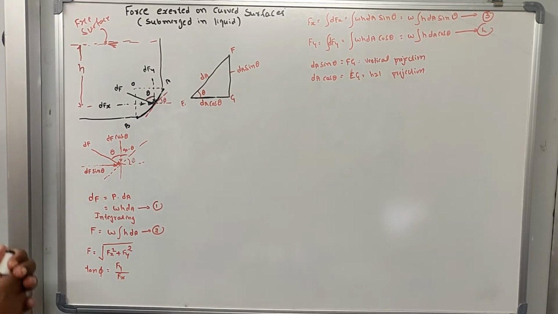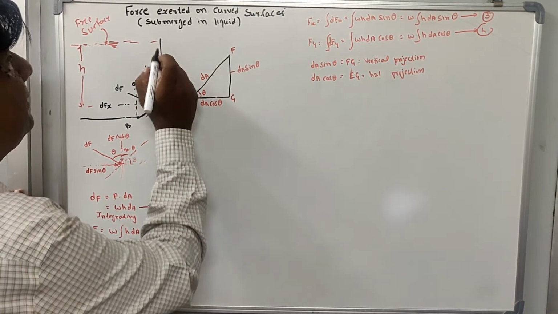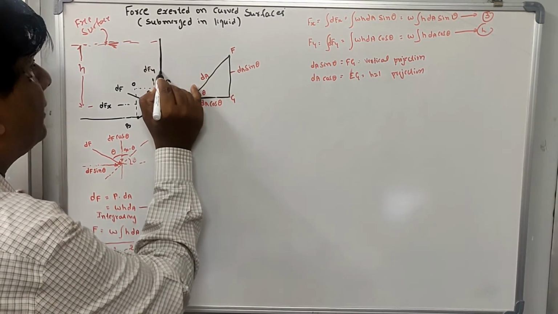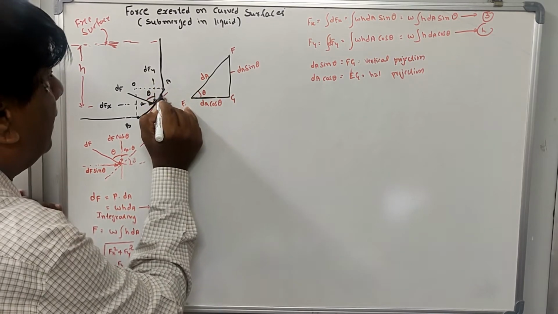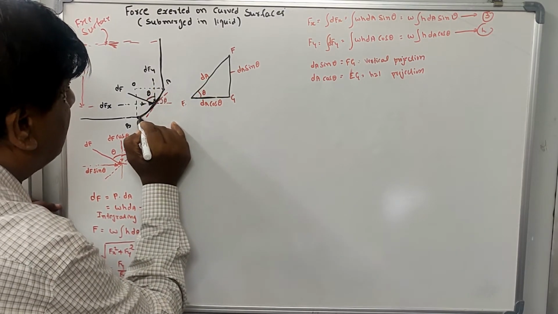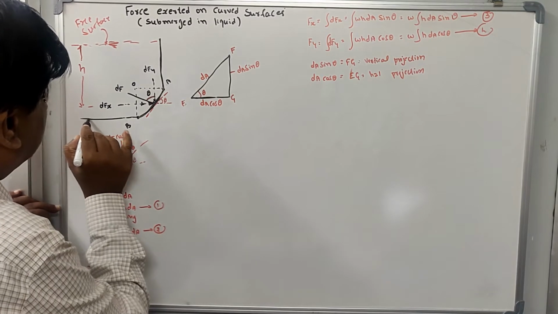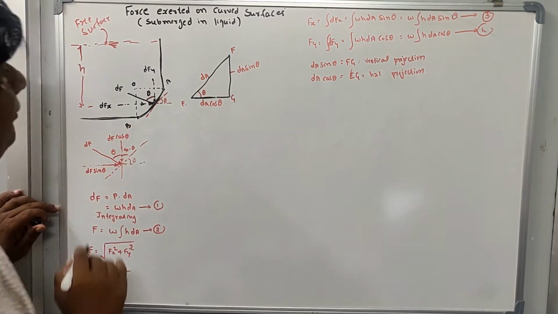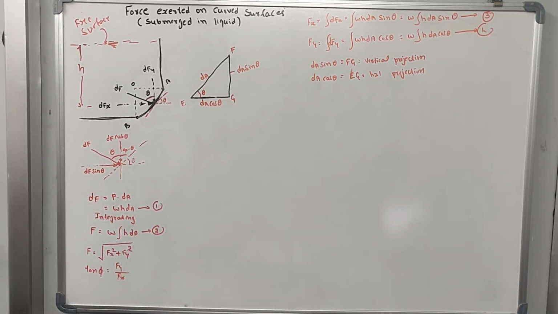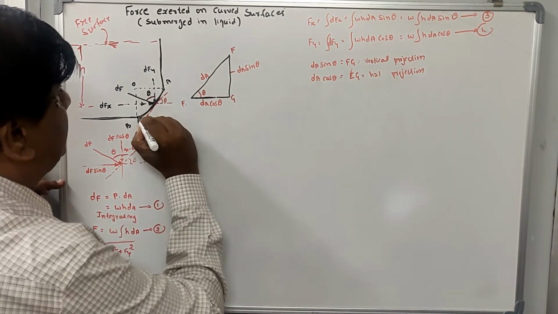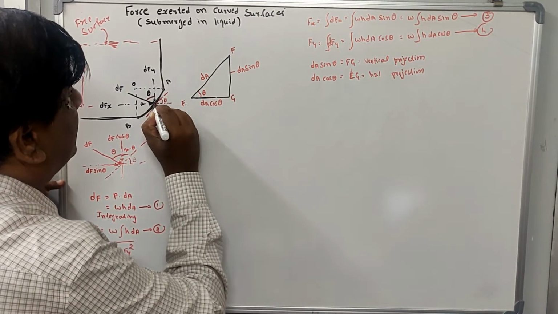So for that case, let us take a container having the corners curved. So this is the curved surface of the container.